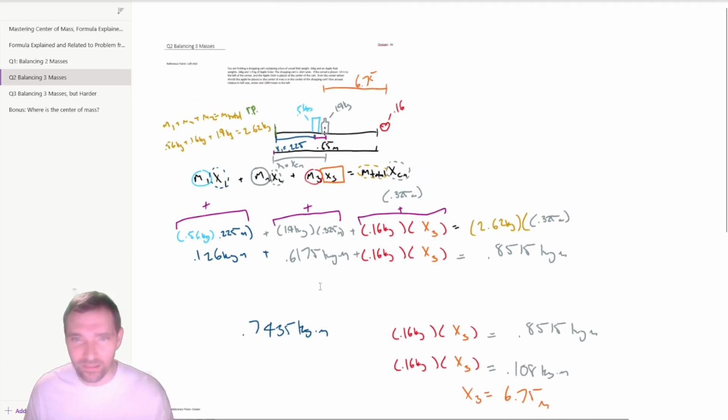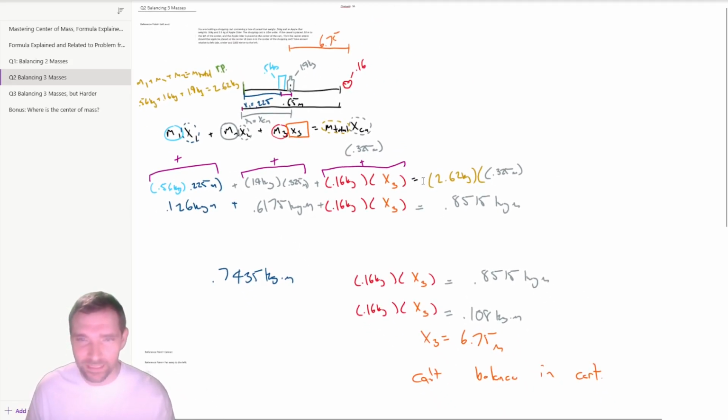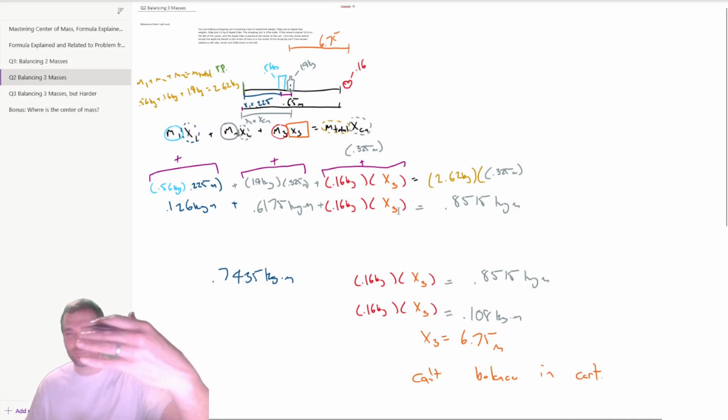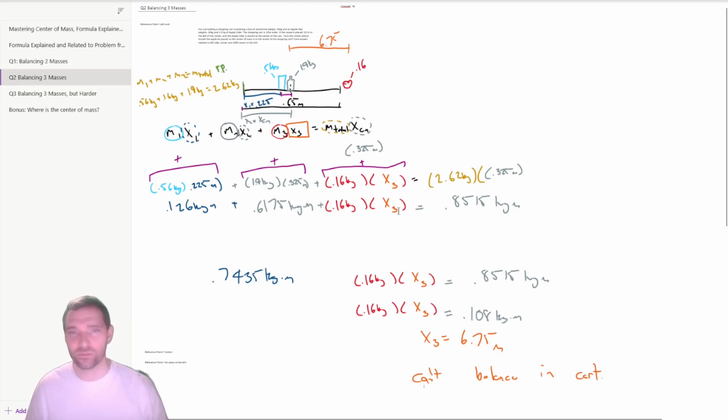It's a little bit weird, this one being outside of the cart, but we can look at how these other values are making this positive, but not quite positive enough. And then this needs to bring up that positive number enough to make the average go right here. Because if this wasn't far out enough, the average wouldn't be here, it'd be further to the left. So yeah, it's kind of tricky, the math on this one, but it's doable.